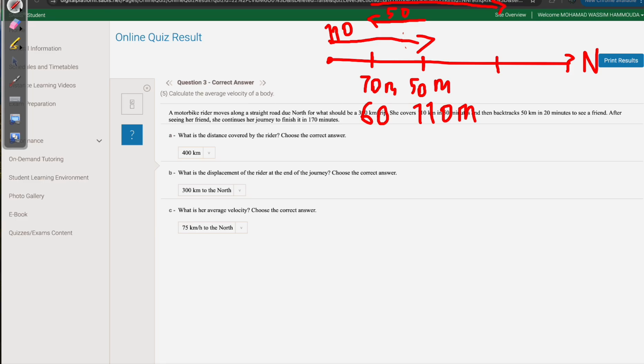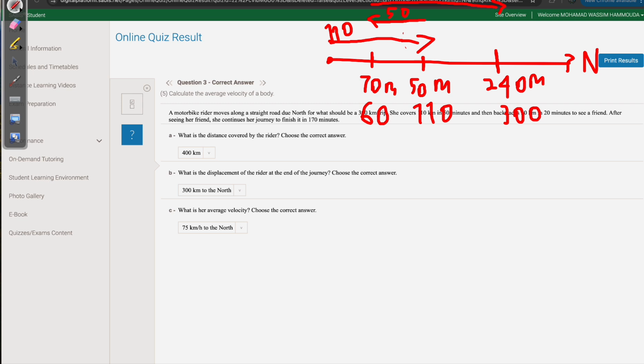The end of the journey will be here, which will be at 170 plus 70, which is 240 minutes. And this will be at 300 kilometers, because they said originally that the whole trip is 300. Okay, now they want the distance.